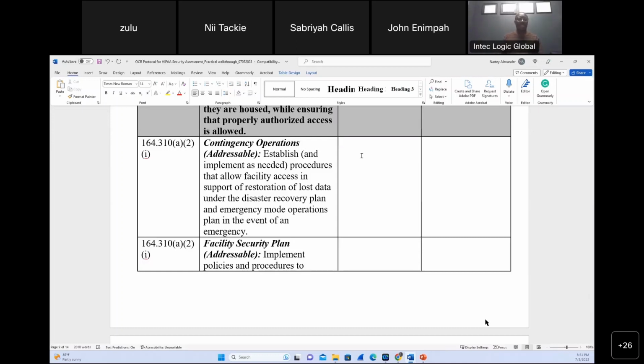A physical plan such that when a disaster happens within the environment, whilst people are moving out of the company, bad actors will not go to the facility and steal data or cause harm, right?